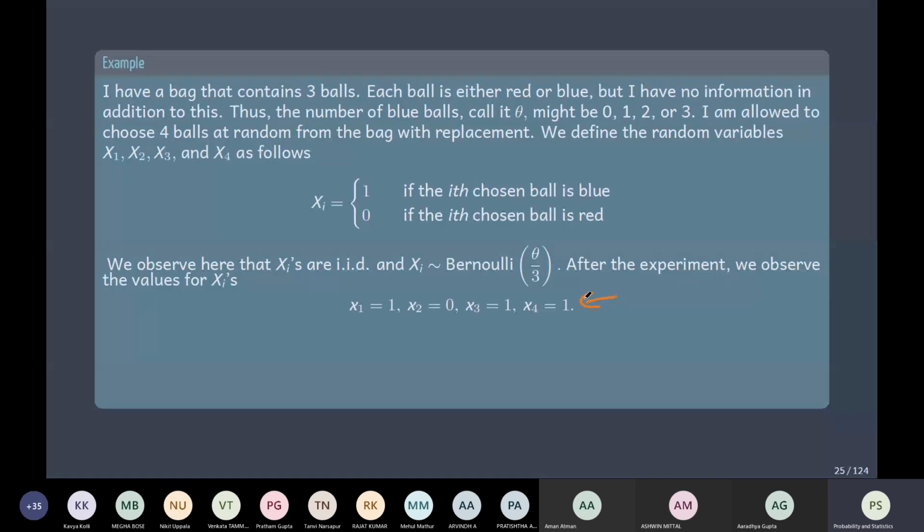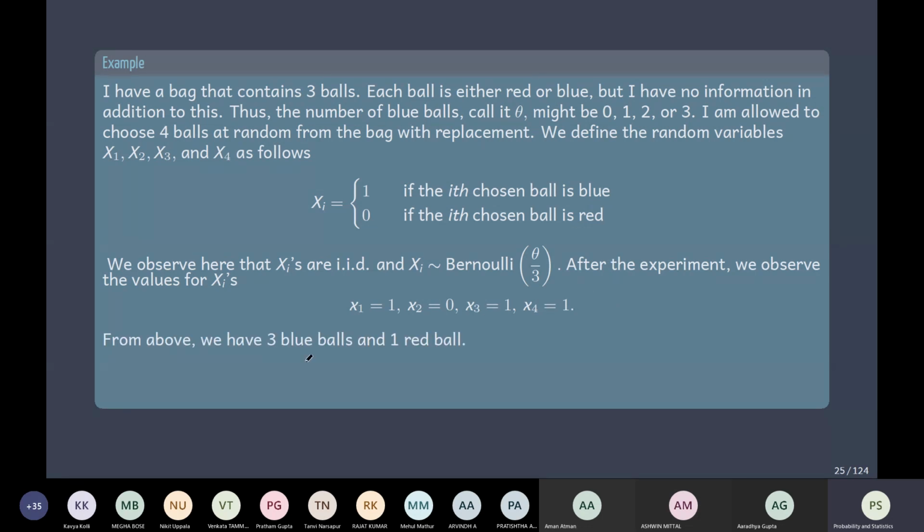The first time I pick, is the chosen ball blue or red? x1 is 1, the first ball is blue. The second ball is not blue, it's red, so it's 0. Then the third is 1, blue, and then the fourth is blue. So let us say this is the observation we make after we have taken 4 samples.